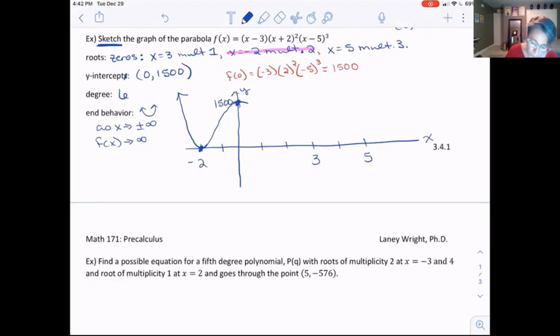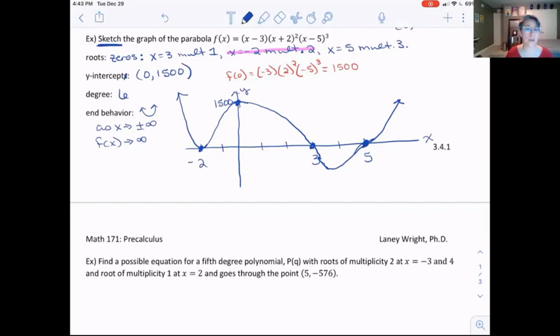We know the multiplicity of 3 is 1. So it's going to cross 3, but not really flat, right? And then 5 has a multiplicity of 3. So it might be a little bit flatter there at 5. I didn't quite hit that. So again, it is a sketch. It is not every single point exact, but we've got the big pieces.